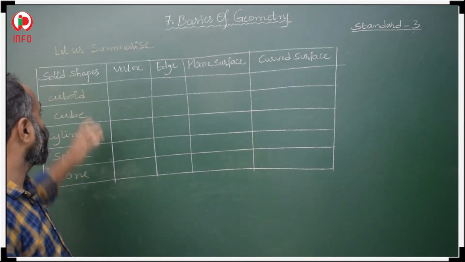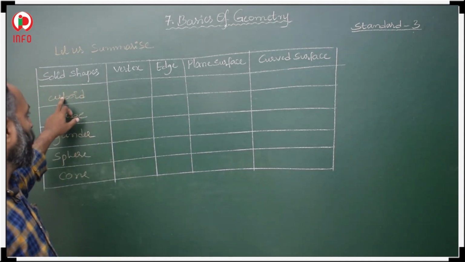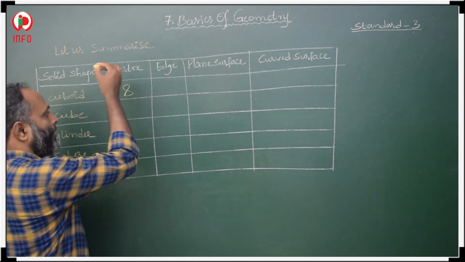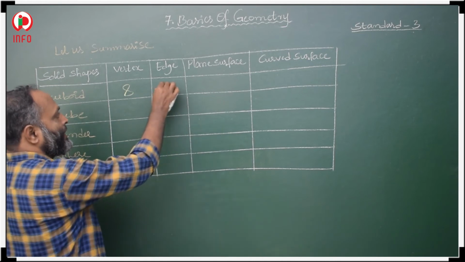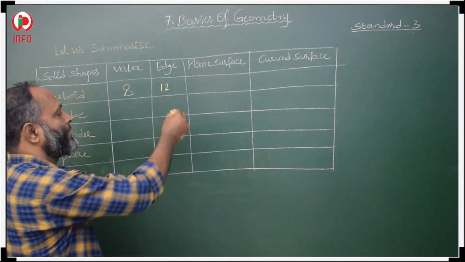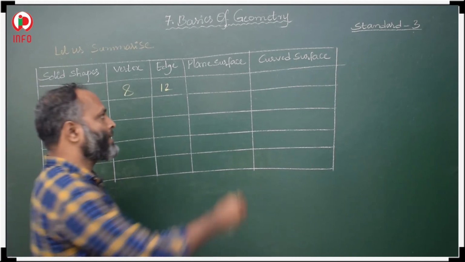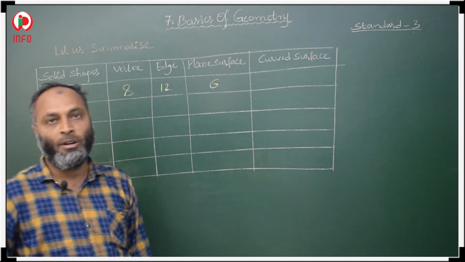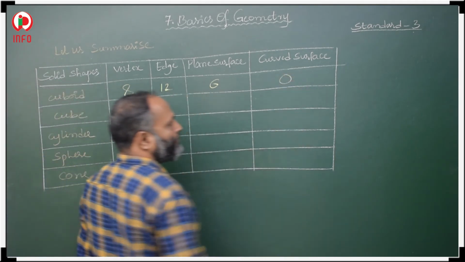Now students, let us summarize what we learned. In a cuboid, how many vertices were there? 8 vertices. And how many edges? 12 edges. And how many plane surfaces? 6 plane surfaces: 4 surrounding plus top and bottom, 4 plus 2, 6. And how many curved surfaces? 0.